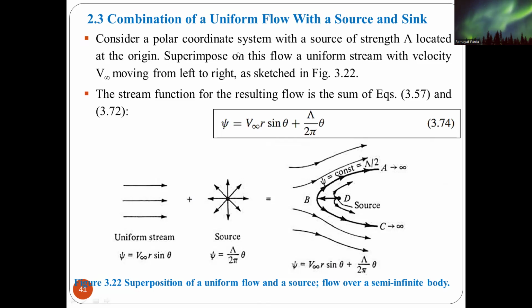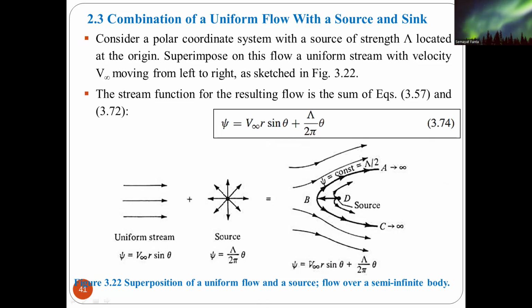When we combine uniform flow with source flow, for uniform flow, for example, ψ is equal to V r sinθ, and in the case of source flow, ψ is equal to the source strength divided by 2π times θ.